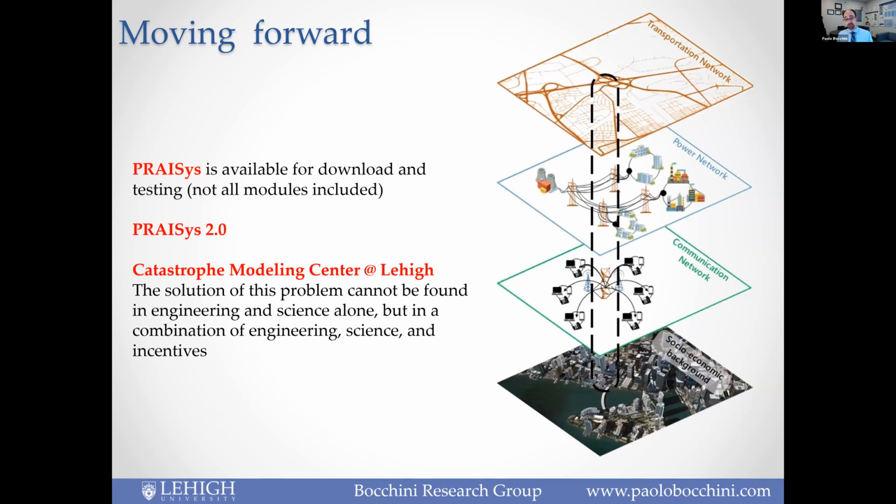In catastrophe modeling at Lehigh, we had the green light from the dean and the vice provost of research last month, I think. The main idea is that the solution of this problem cannot be found in engineering and science alone, but in a combination of engineering, science, and financial incentives that make all these mitigation actions really implemented. And I see here some of the friends and colleagues in this adventure, and I'm very grateful that we built a fantastic team around this.